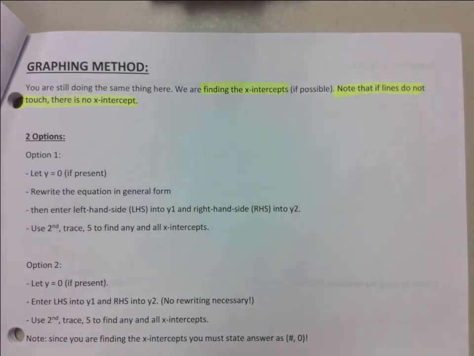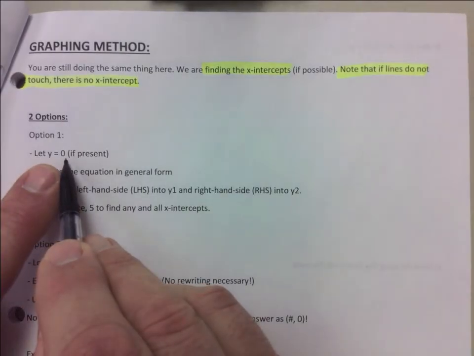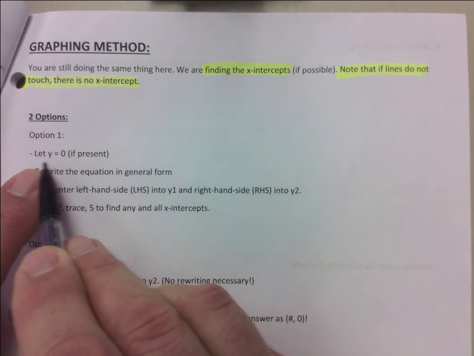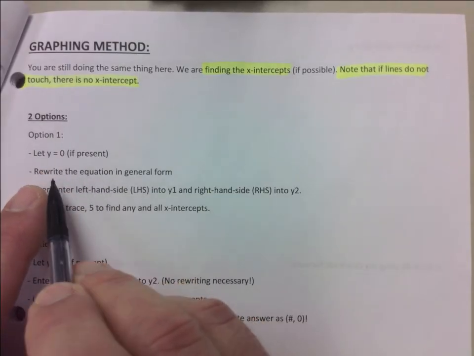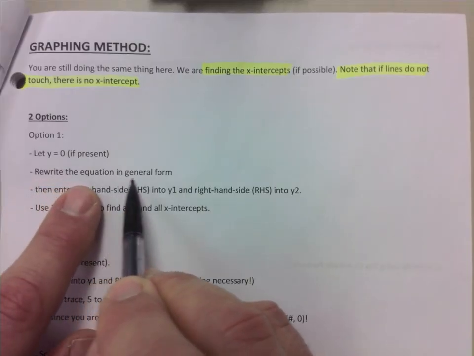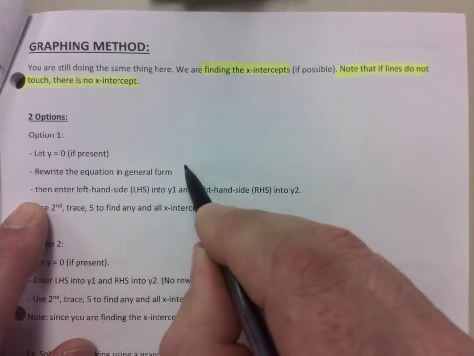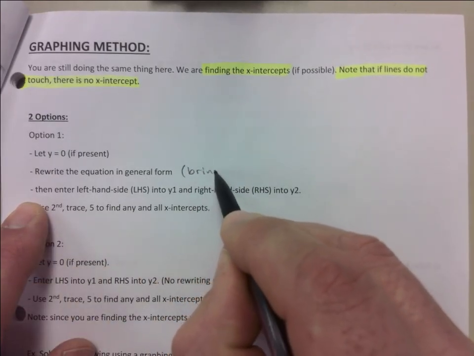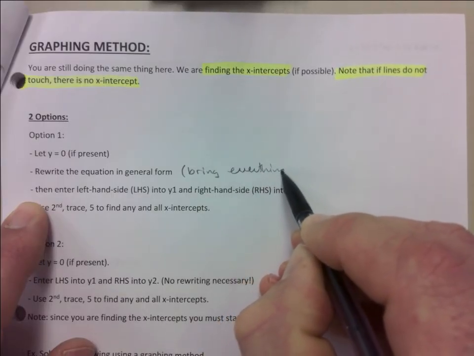So you've got two options for using the graphing method to solve a quadratic. Option 1, always let y equal 0 if present. I'm always going to state that, just like before with the quadratic formula. You rewrite the equation in general form. So what I mean is bring everything to one side.